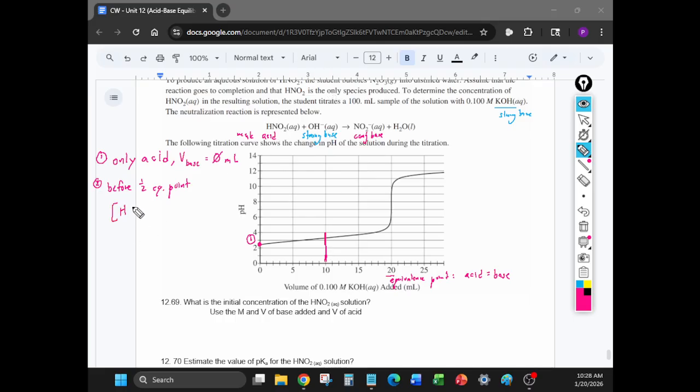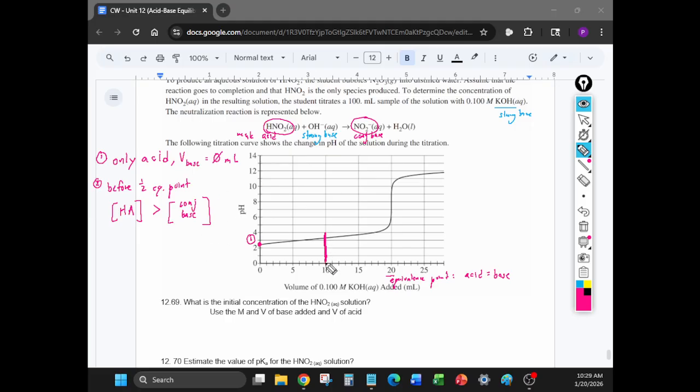So the acid concentration is going to be higher than your conjugate base concentration. In this situation, you're going to have more HNO2 than NO2 minus, because the base is being added, so you are reacting, but you still have more of the acid.